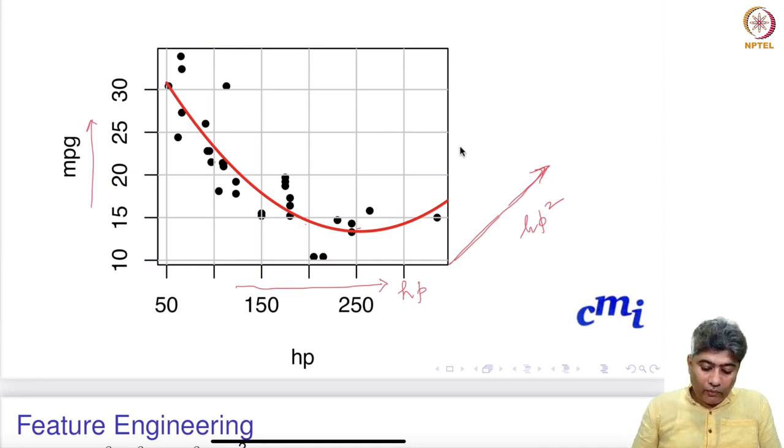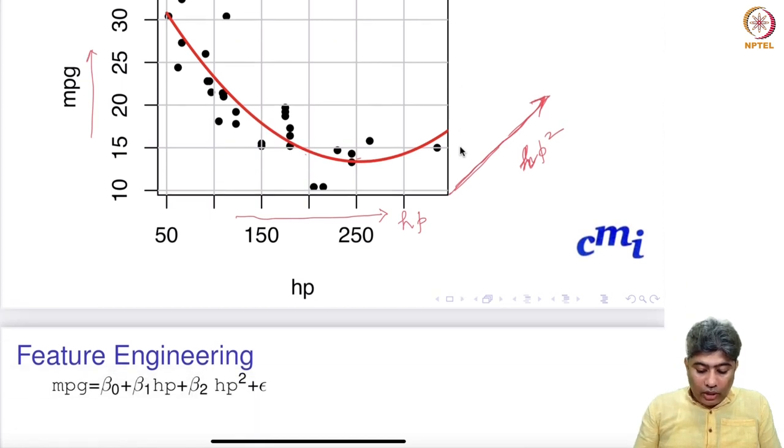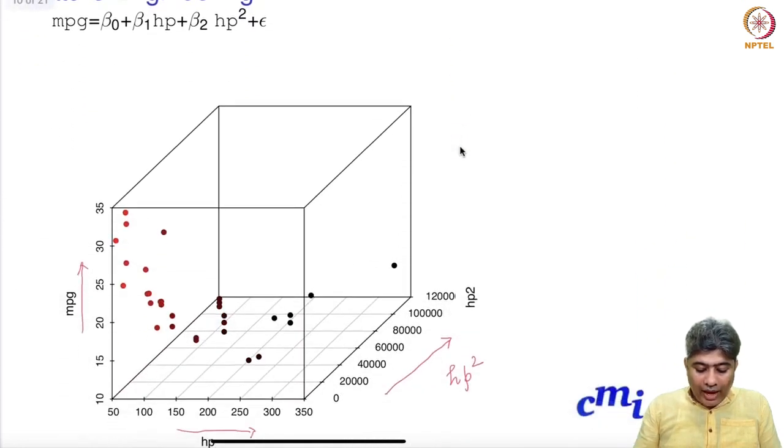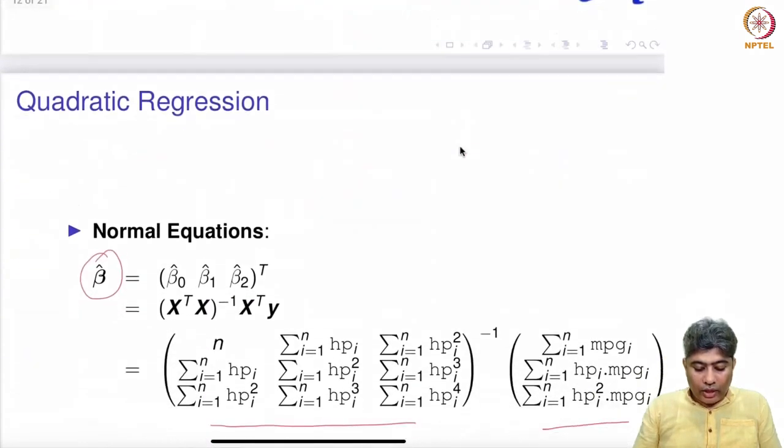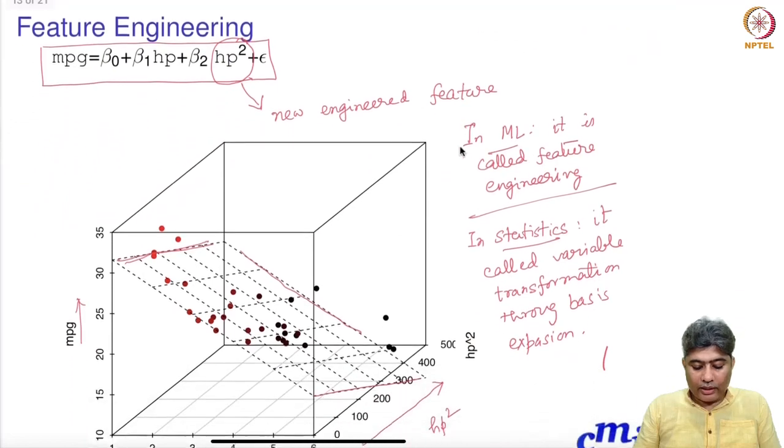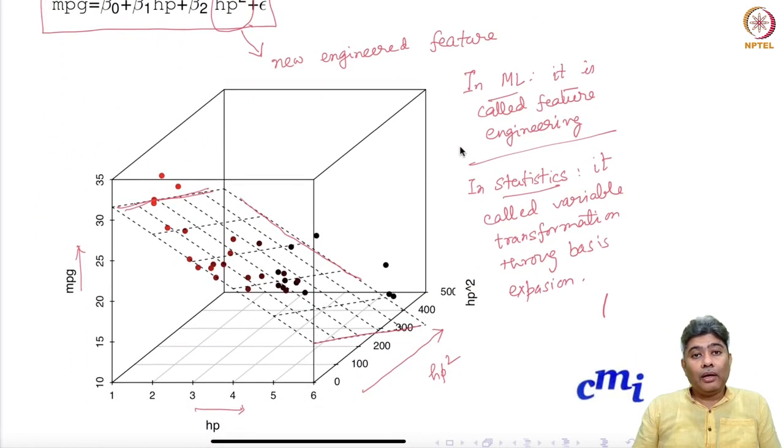And what we are doing, we are creating a new dimension. By feature engineering, we are putting the two-dimensional data into a higher dimension, into 3-dimension, and in that 3-dimension we are trying to fit a hyperplane, in this case a 2D plane.